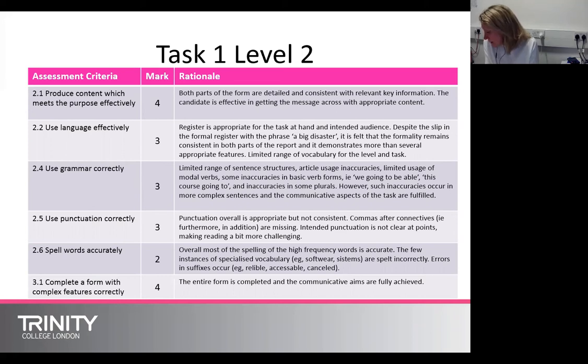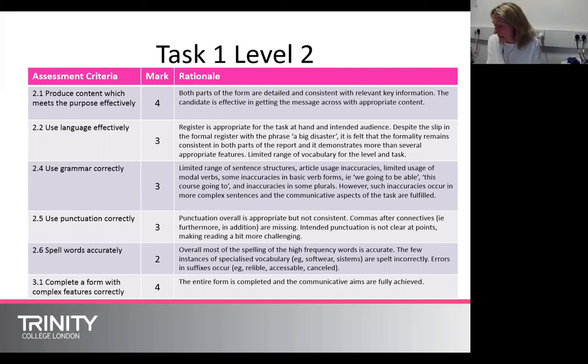So 3 marks in this case. Punctuation, appropriate but not consistent, so fairly consistent again, 3 marks. Spelling and the lexis, so 2.6. The spelling of high frequency words is accurate, but specialist interest vocabulary spelled incorrectly, and there are some persistent errors with some of the suffixes.